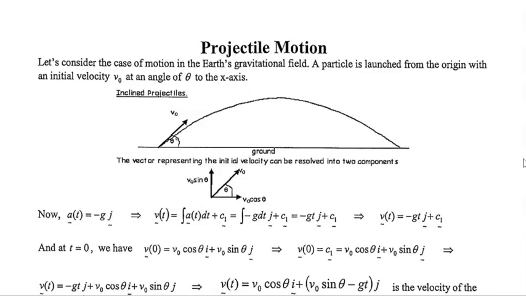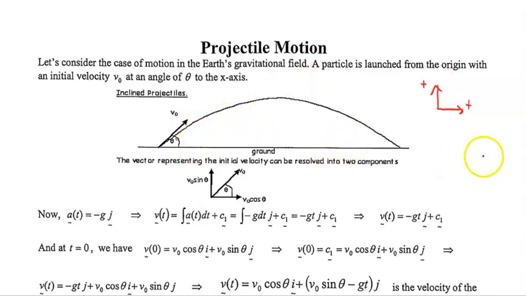Very important with these sort of problems is we should choose a direction before we start. So I'm going to choose up as plus and to the right as plus, because it matches my diagram.